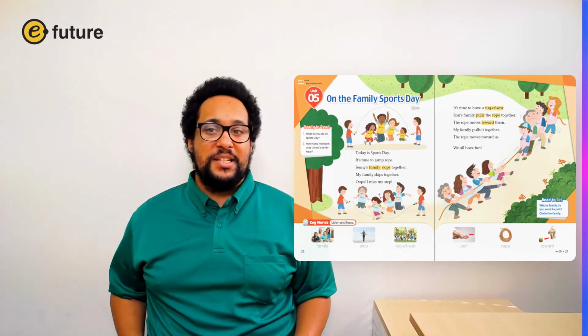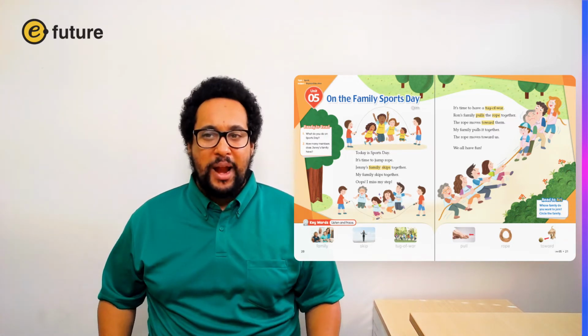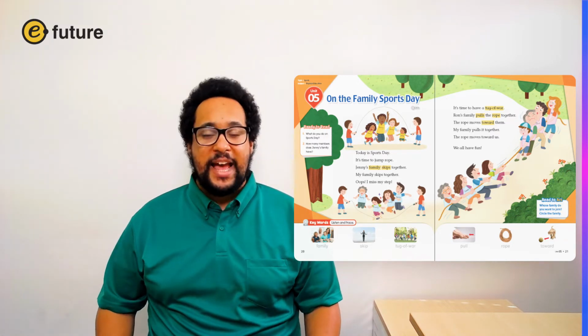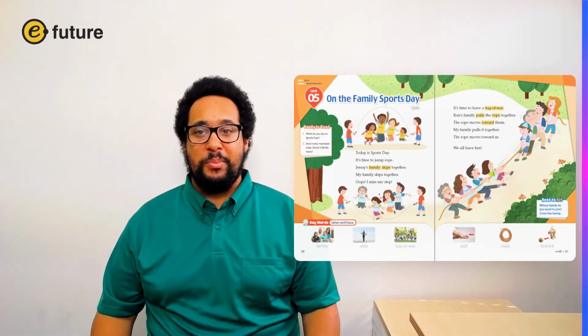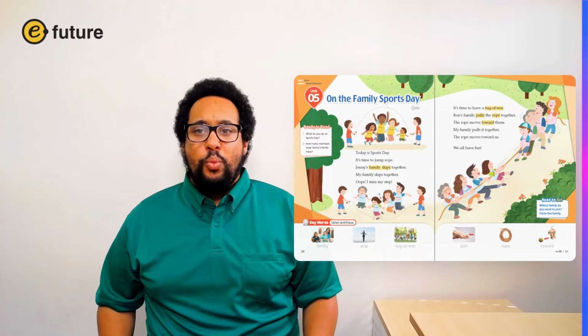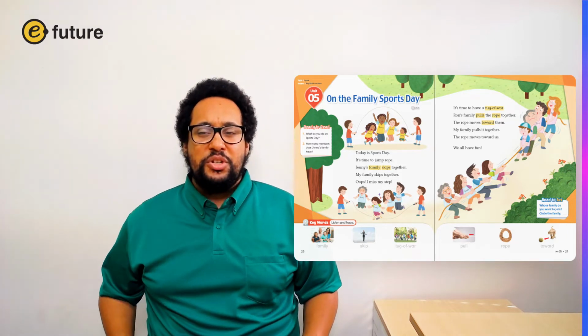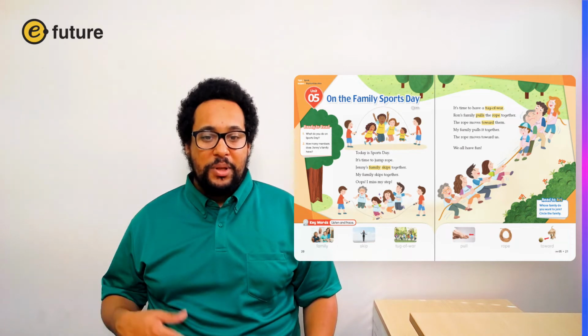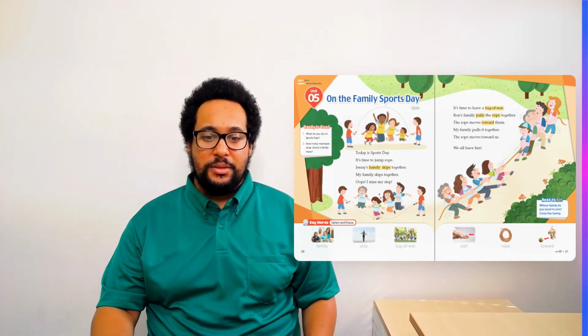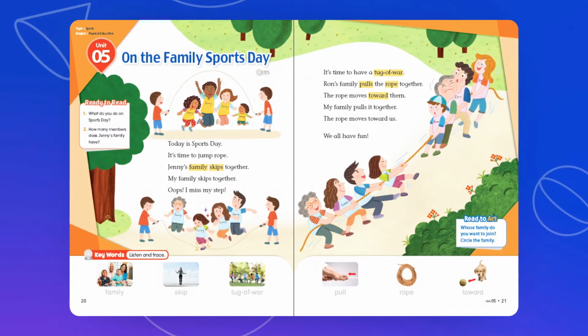Let's look at Jenny's family. Do you remember how many family members she has? That's right, she has 4 family members. Which family members do you think are with Jenny? Well, let's take a closer look. Which one of these is Jenny?